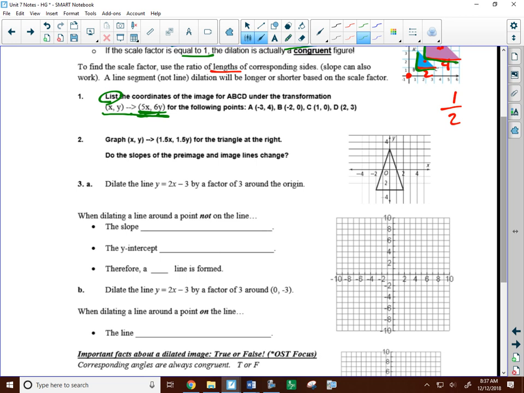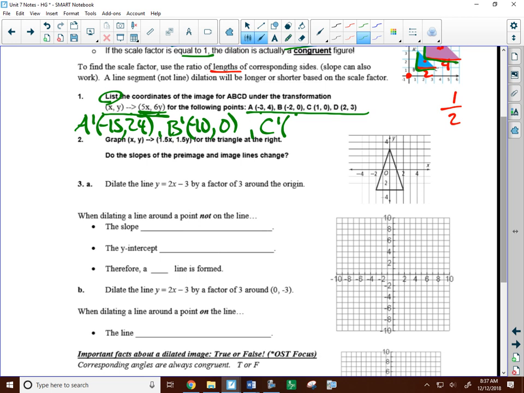So we're going to do that for these points, quadrilateral. It's pretty simple. A prime, I'm just multiplying the x's by 5, so negative 15, and the y's by 6. So 4 times 6, 24. And that's it. So b, negative 2 times 5 is negative 10. 0 times 6 is 0.